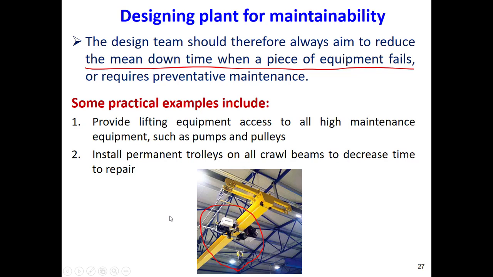We can lift that equipment, put it somewhere else, bring another new equipment, replace it, do the repair. Those are the things that need to be considered when we are designing the plant. Those are the details that have to be considered carefully.